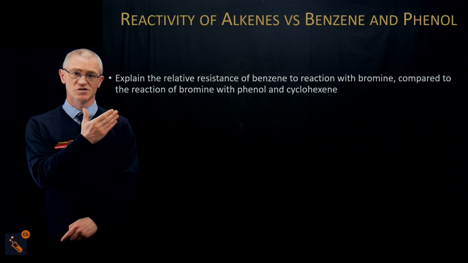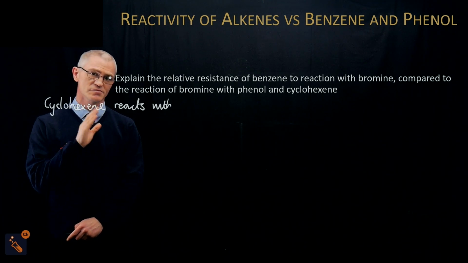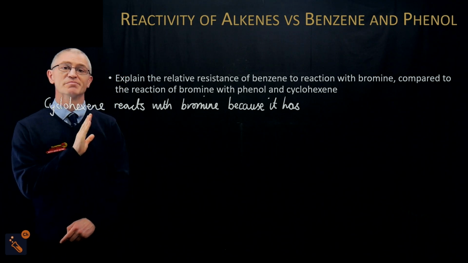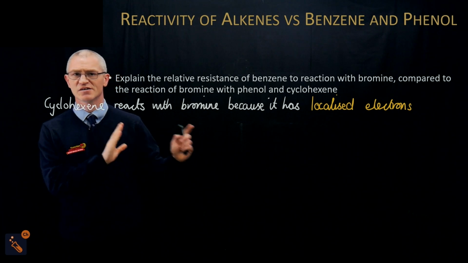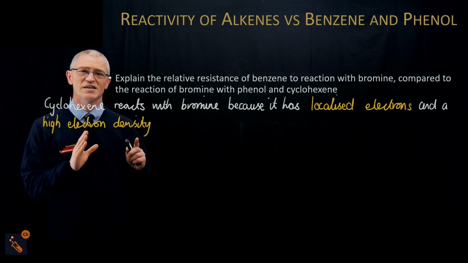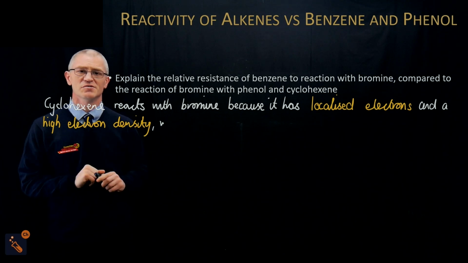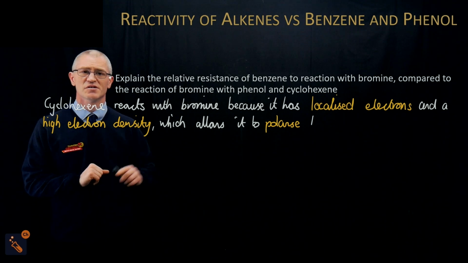You can try that now, but the actual answer is cyclohexene reacts with bromine because it has localized electrons. So that's our first point. Remember, we talked about delocalized or localized. And it has a high electron density. So we've done our marking point number 2, which allows it to polarize. So our marking point number 3.